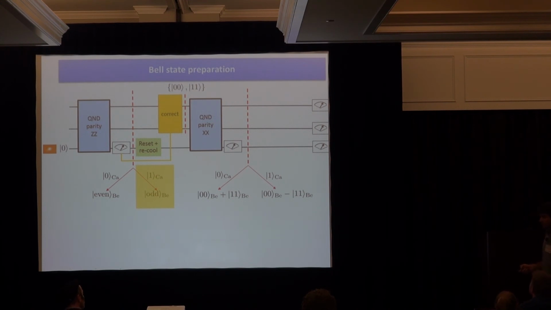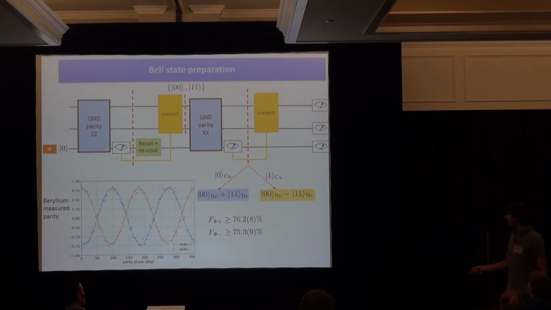Now, I can also check the coherence of those states, and does it work? Those are parity flops to check how coherent those states are, and I obtain these two curves for the phi plus and for the phi minus. There is this phase shift, which is expected from theory.